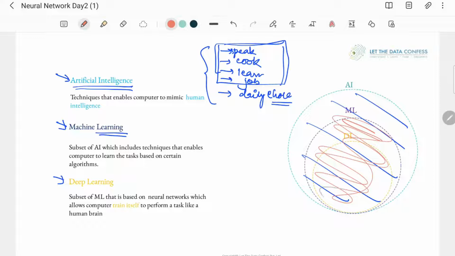Now, if I exactly want it to mimic the human brain, as we discussed yesterday, the human brain has lots of neurons in it, and we don't know exactly how it works. We just know how it sends things, and we know that it generates the response. Deep learning works in a similar way.